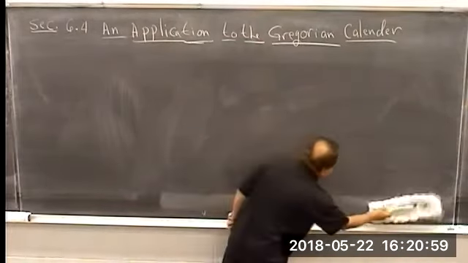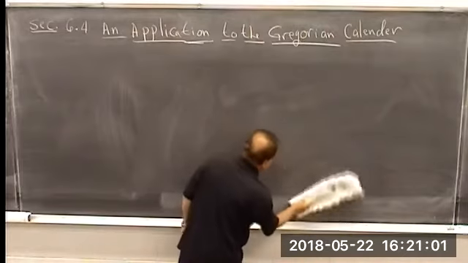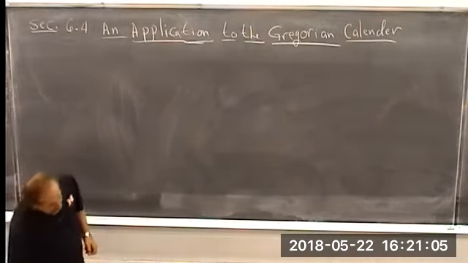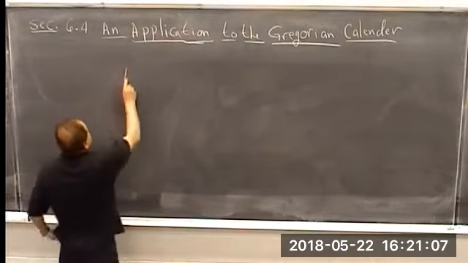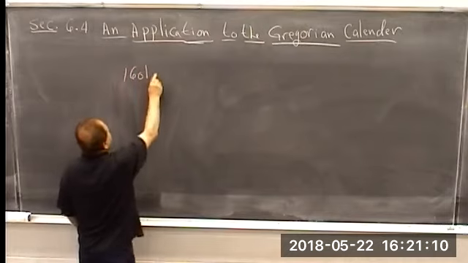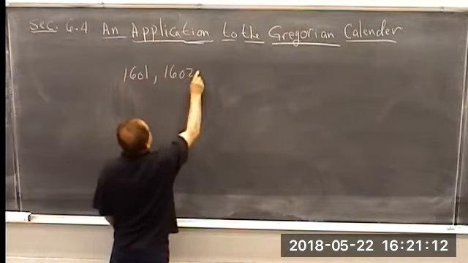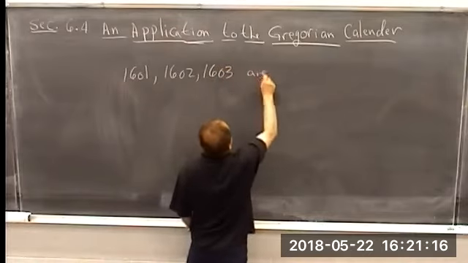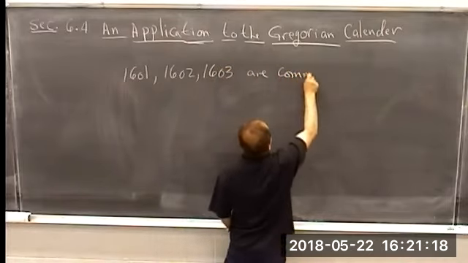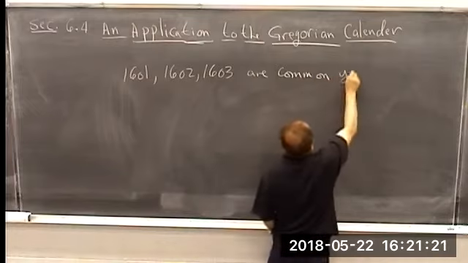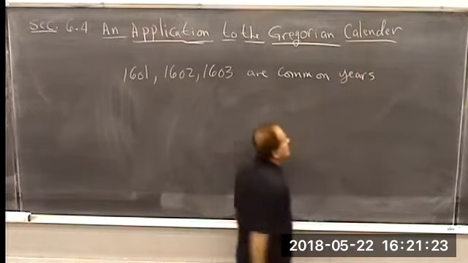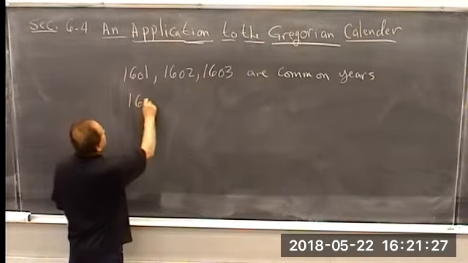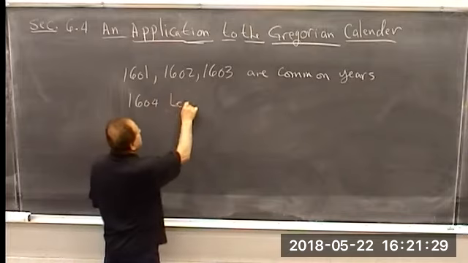For example, we have 1601, 1602, 1603. These are common years. And of course 1604 is a leap year.